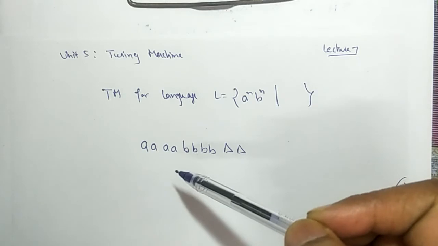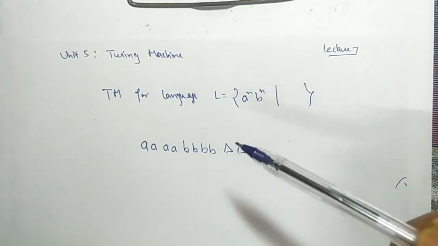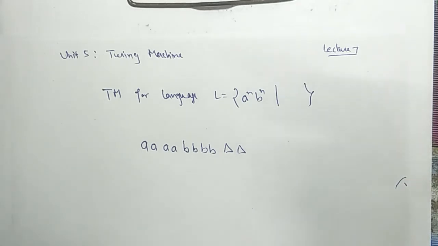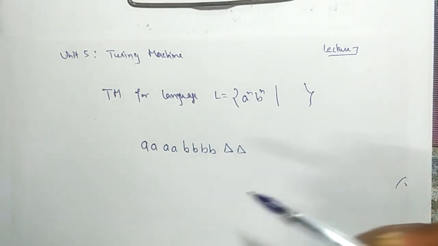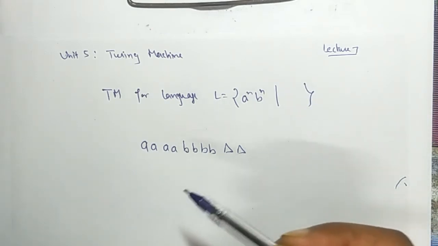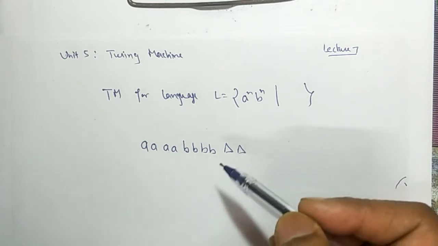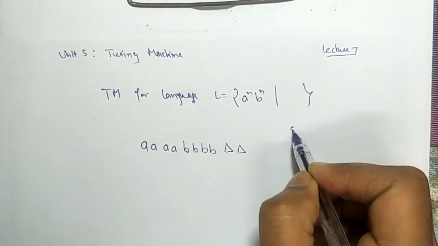By taking an input, we just try to build a logic that works for all the inputs of the language. So suppose we have the input a^4 b^4, and we are trying to build a logic by replacing the symbols one by one.